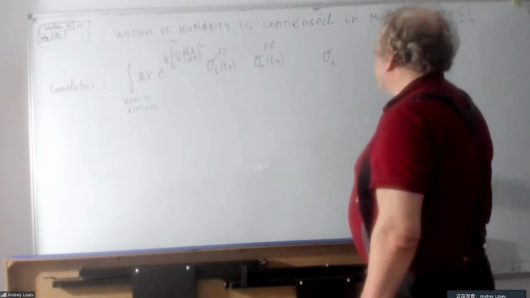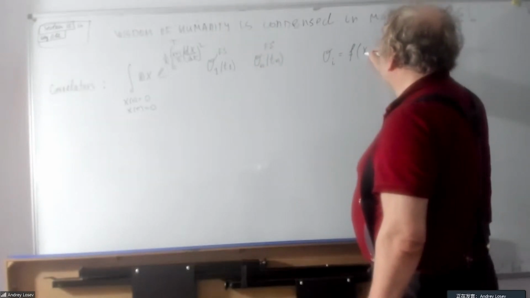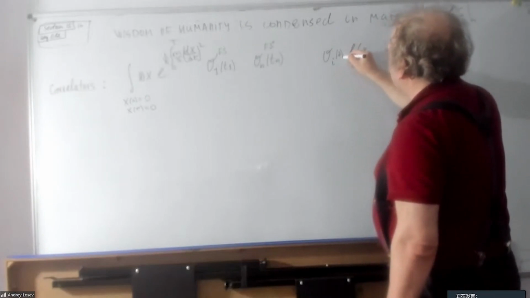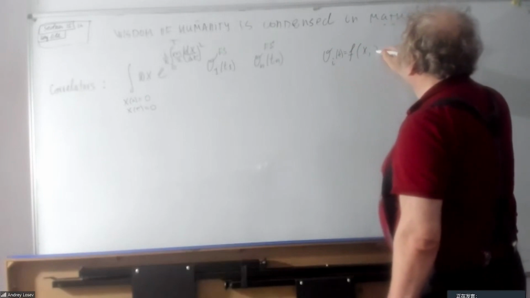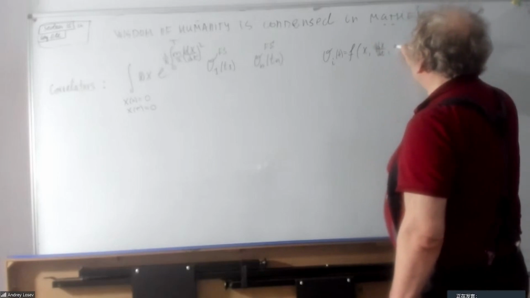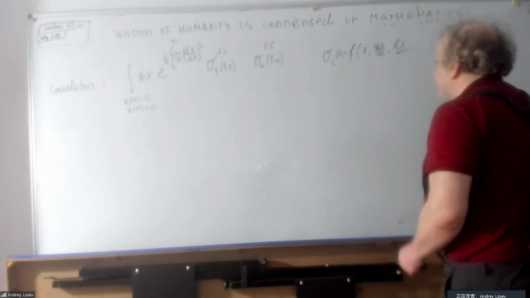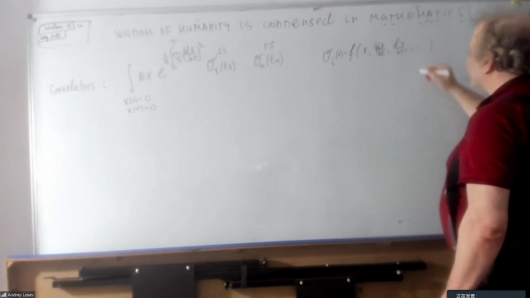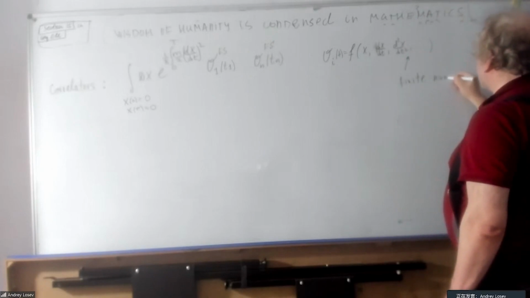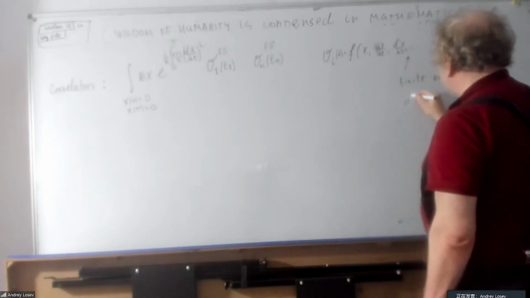Oi is a function of x at t, dx over dt, d2x over dt squared, etc. A finite number of derivatives.